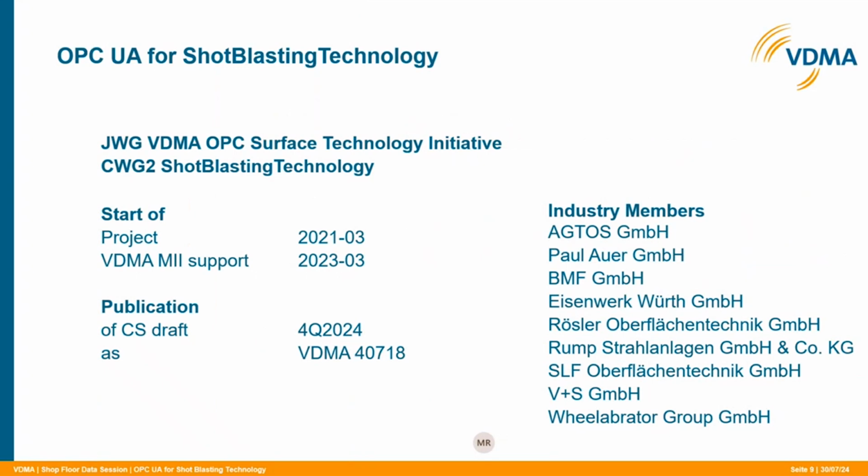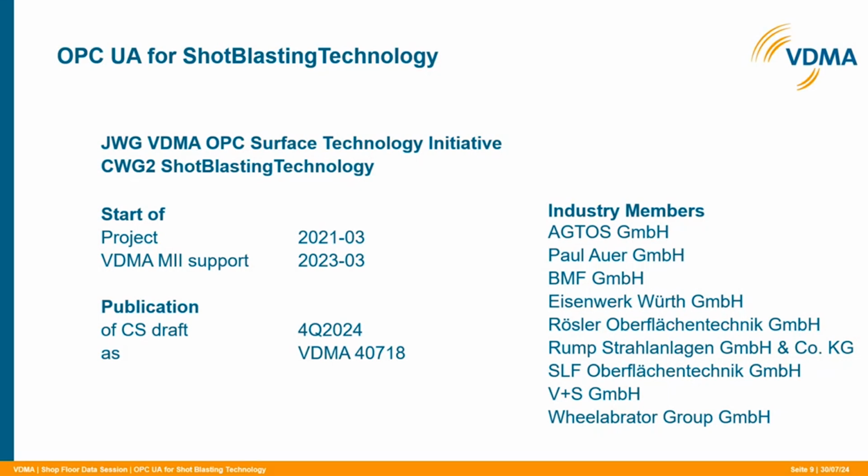So just as a wrap up, we have the core working group 2 on shot blasting technology in our surface technology initiative. The project started in March 21, and we received VDMA MII support since March 23. The industry members are listed on the right side, and we are ready with the information model at this point, but the group said that they want to deal with this result of work for the next couple of months before going to publication.